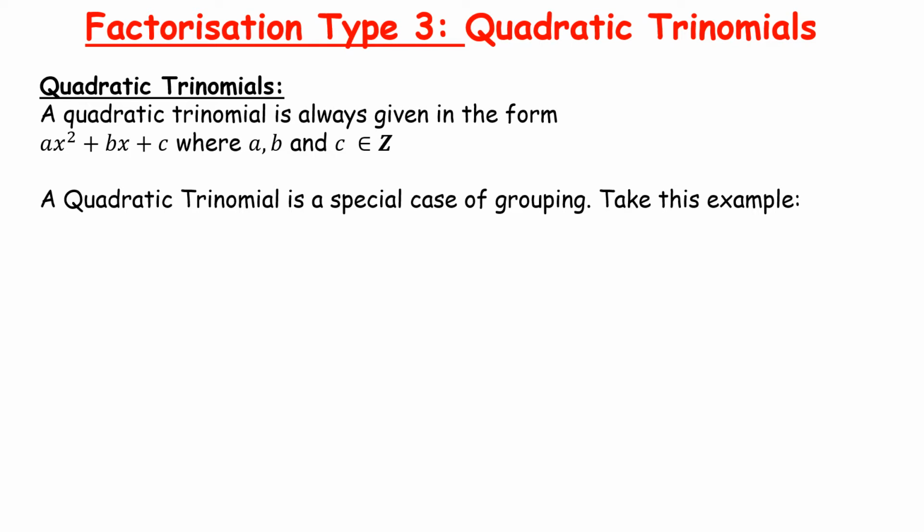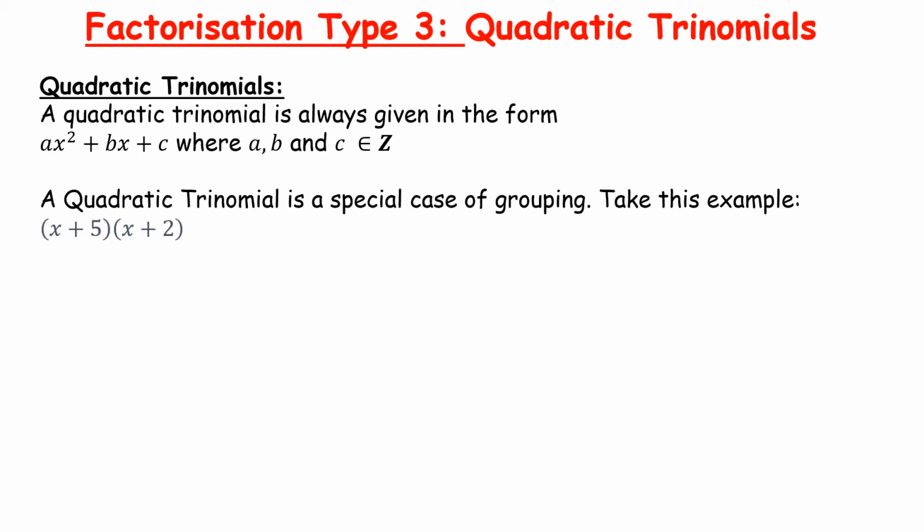So what we're going to look at is basically a special case of grouping, so factorization type 2. So think of this, we started with highest common factor, we then moved on to grouping. Grouping was using our highest common factor. We're now on factorization type 3, quadratic trinomials, and this factorization will be using the grouping we've already learned.